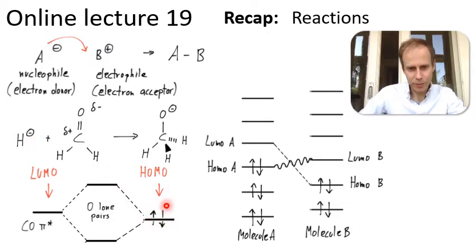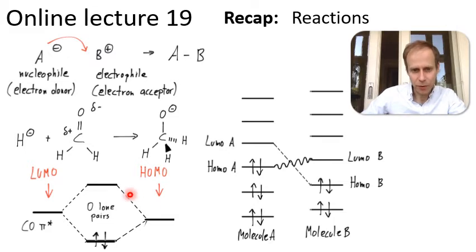It has a filled orbital, and that's the highest occupied molecular orbital, while the LUMO was the pi antibonding orbital between the carbon and the oxygen here, and that is the lowest unoccupied molecular orbital. And in the reaction, these two then overlap, and the electrons jump from the HOMO into the new molecular orbital that constitutes the covalent bond that is here between the carbon and the hydrogen now.